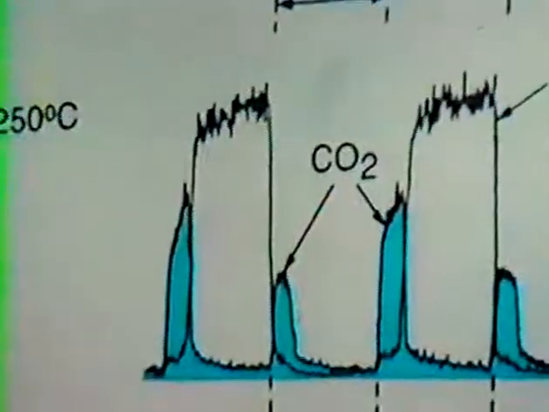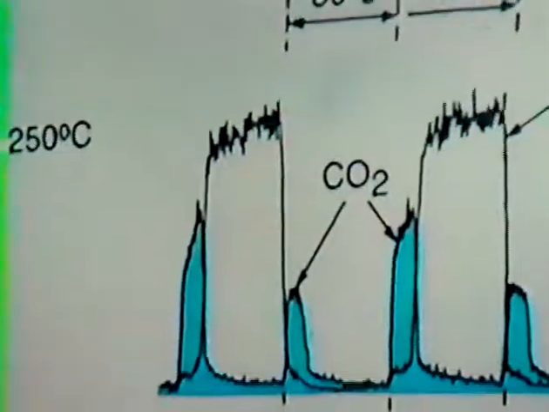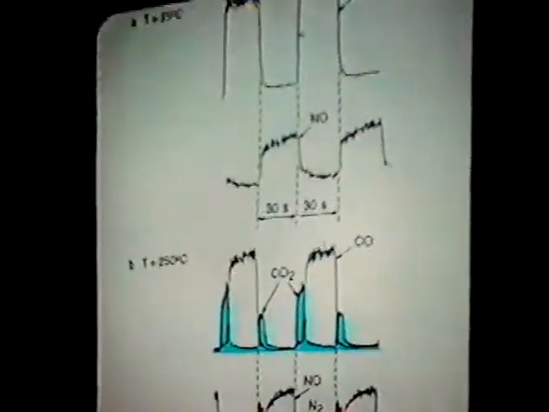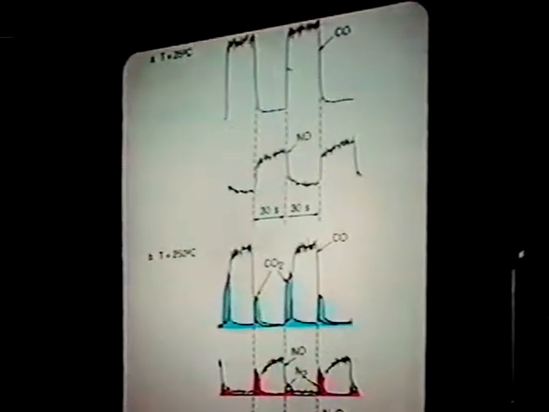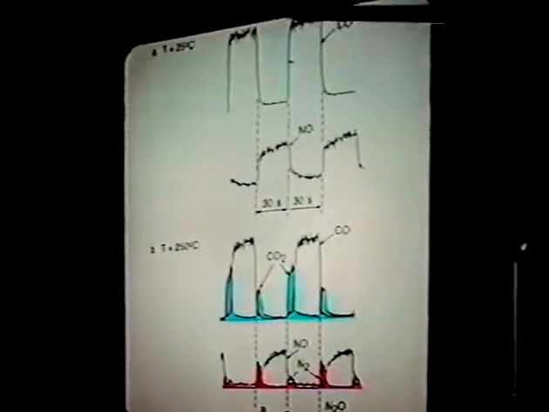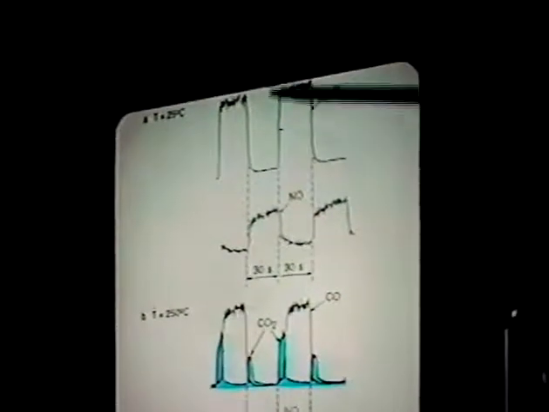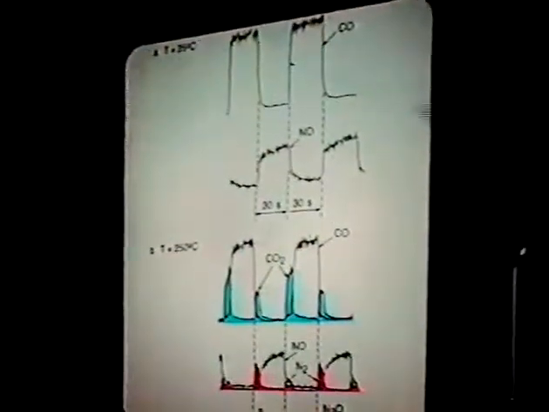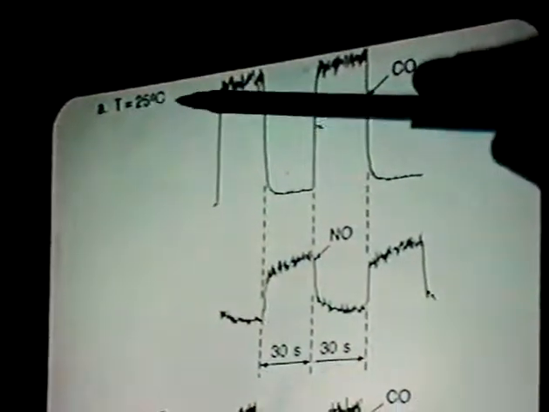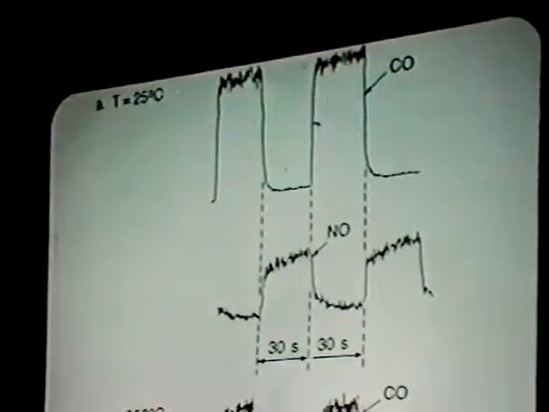This is our first data for the cyclic operation. In this cyclic operation, we have a cycle period of 60 seconds, 30 seconds for the nitric oxide half cycle and 30 seconds for the carbon monoxide half cycle. At 25 degrees centigrade, room temperature, we have no reaction.